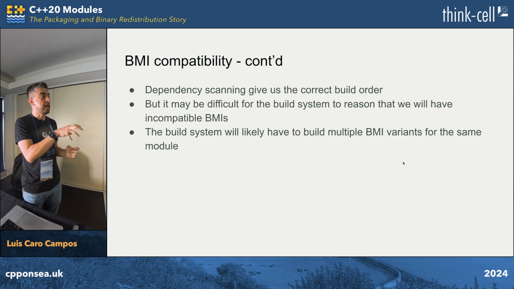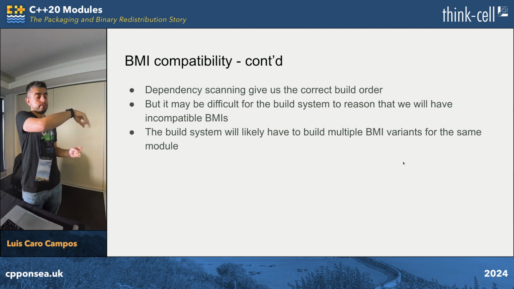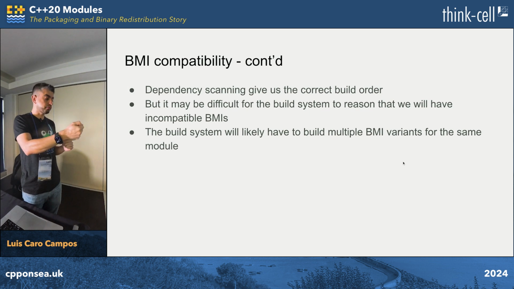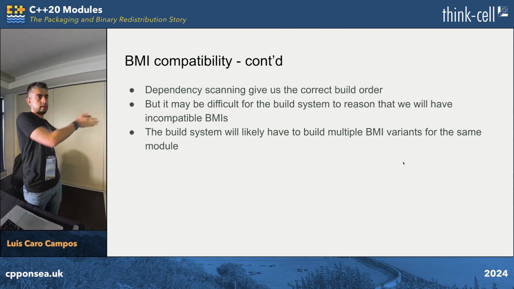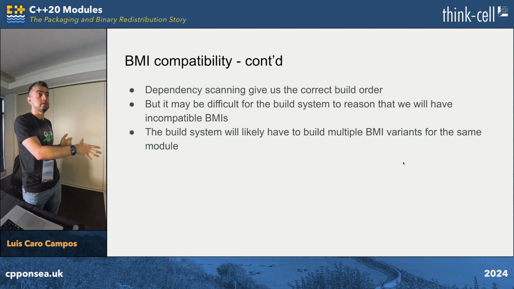So here what's going to happen is that for some cases, the build system may have enough information to actually generate two BMIs for the same module to be used in two different importing places. Now, if we go back to what I mentioned earlier, that there were advantages in compile times, because we're going from parsing the same include in multiple files in parallel and doing the same work.